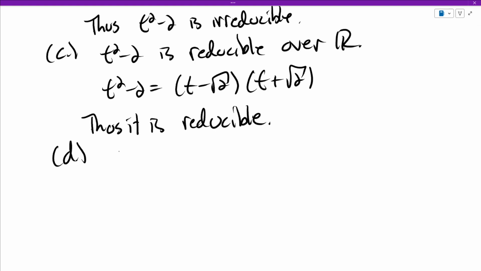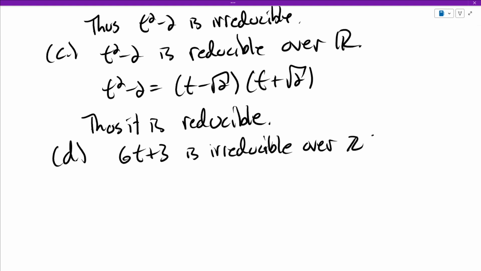So, for example, 6t plus 3 is irreducible over Z. And the reason is, it's a linear polynomial. And we agreed that linear polynomials cannot be factored as a product of smaller degree polynomials.